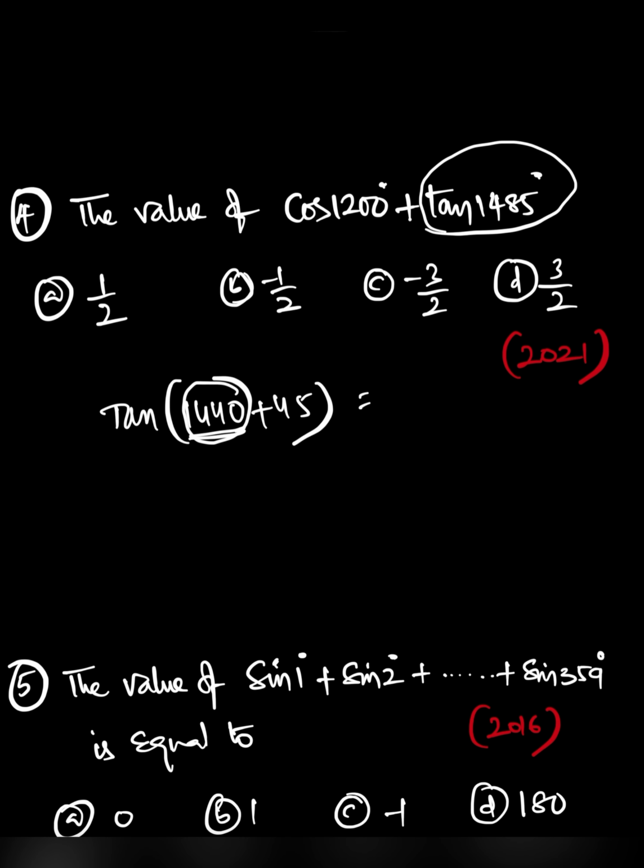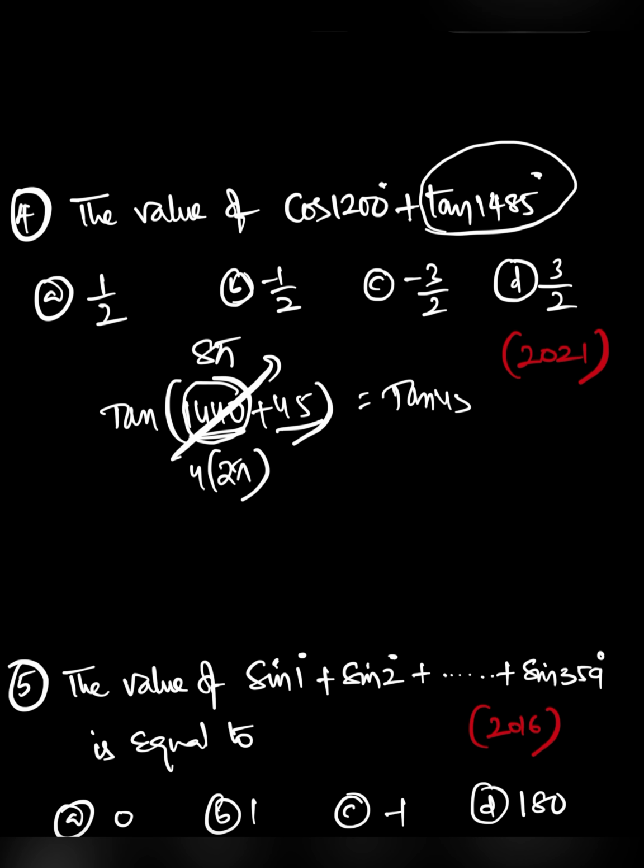Whatever the question, if it is 8 pi, that is 4 times 2 pi, four complete revolutions. Plus theta will be in the first quadrant, and this will become tan 45. So what is the answer? Tan 45 is 1.